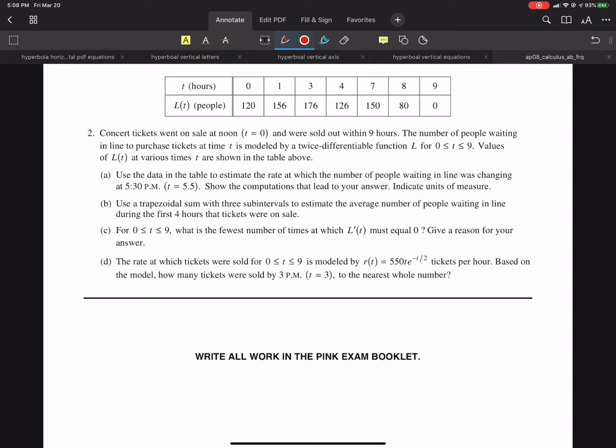But here's the beauty. We are told that L is twice differentiable. So therefore, we should write, since L is differentiable, therefore, we know L is continuous.